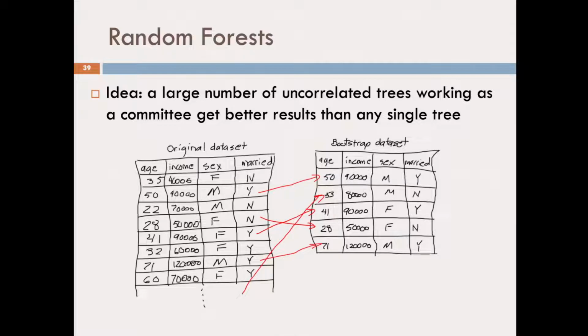So each of the uncorrelated trees is trained using a Bootstrap dataset. A Bootstrap dataset is a dataset that is constructed by randomly getting some instances from the original dataset.